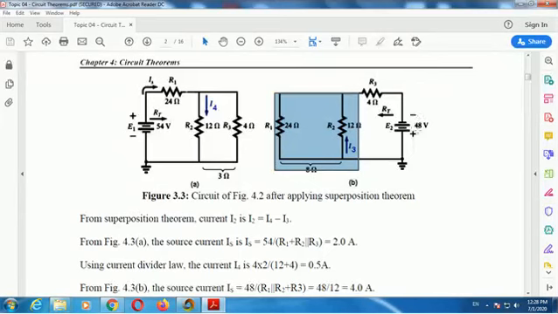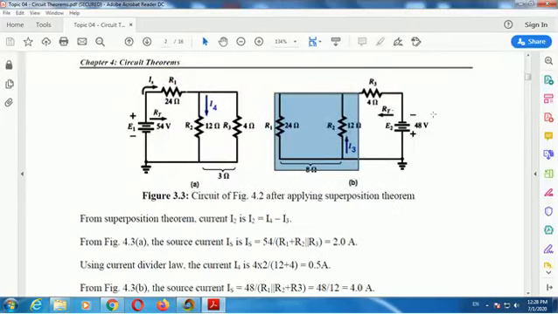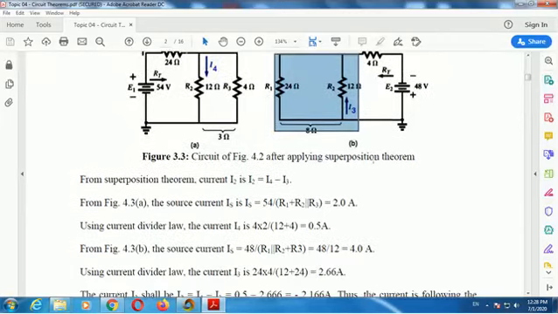The voltage source is 48 volt, and 48 divided by this R total is equal to 4 ampere. Then we can use the current divider law. I3 is the opposite one: 24 divided by 12 plus 24, times 4, equal to 2.66. So 2.66 is I3.